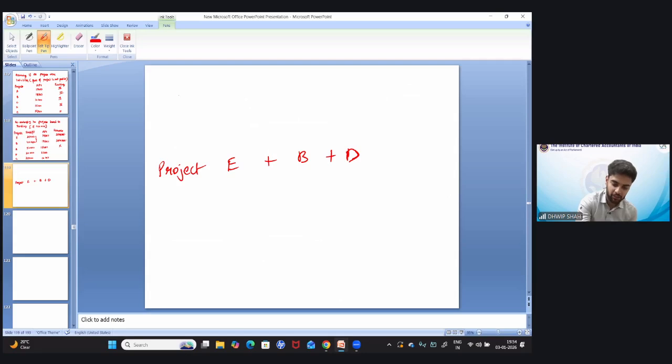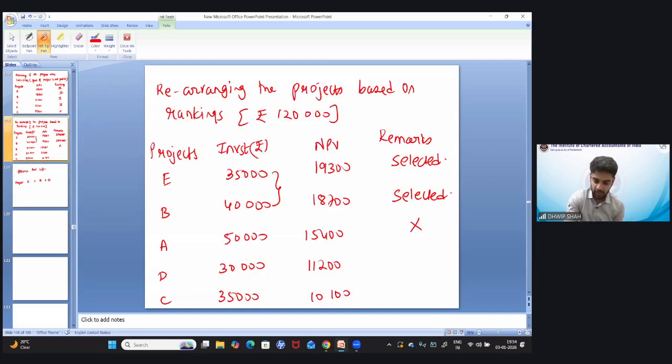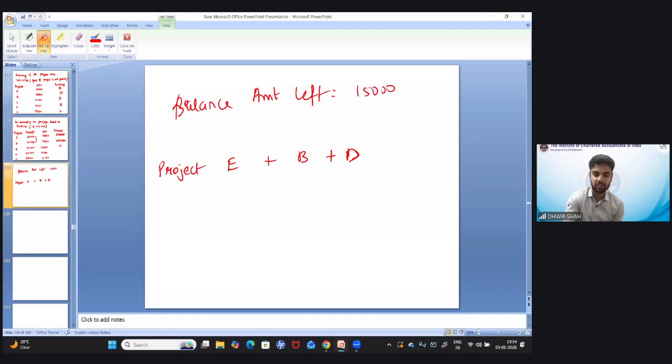And the balance amount left is, EBD 35, 40 and 30, how much amount is left with us? 15,000. So you find some project that is exactly costing 50,000. Are you following? Everyone?